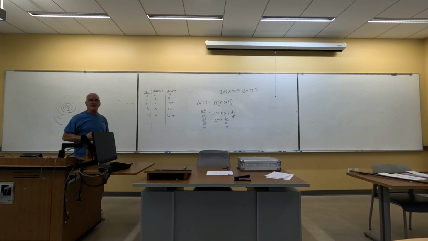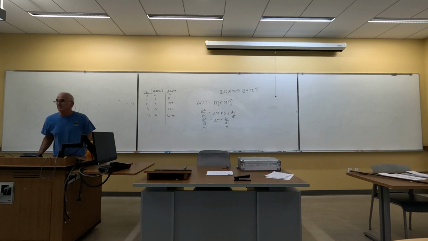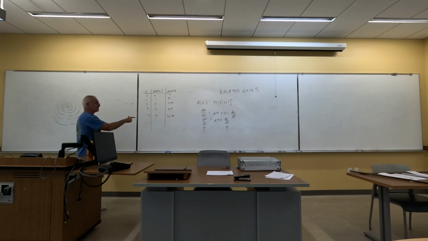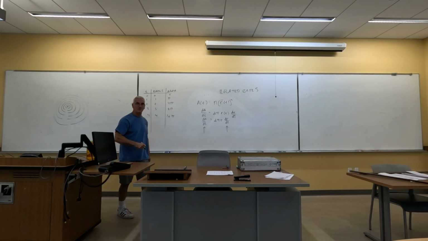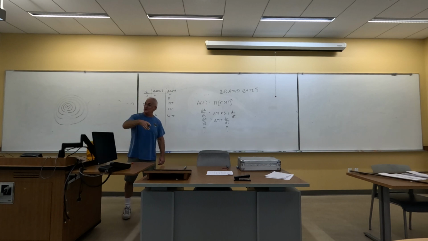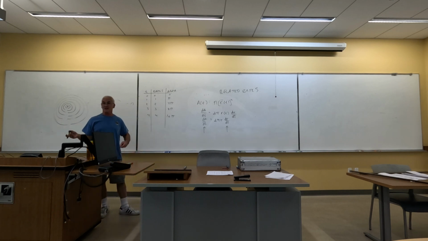So a related rate means I am given two different units that produce derivatives. I have to know one of them in order to find the other. It doesn't matter which, meaning I have to give you dA dt in order for you to find dr dt, or I have to give you dr dt in order for you to find dA dt. I don't need to give you both of them. I just need to give you one of them.